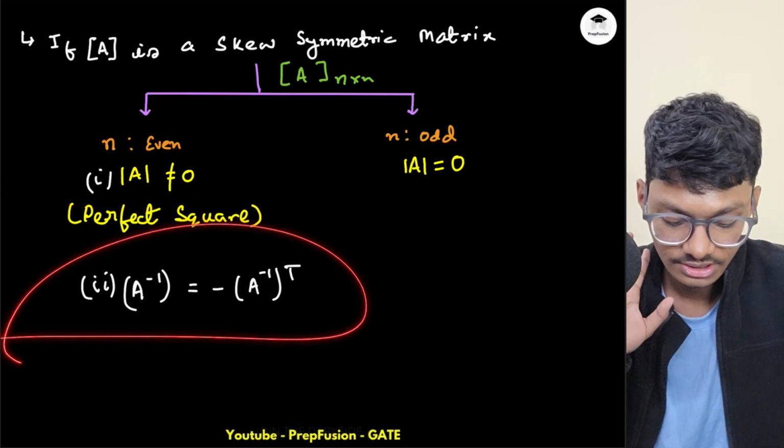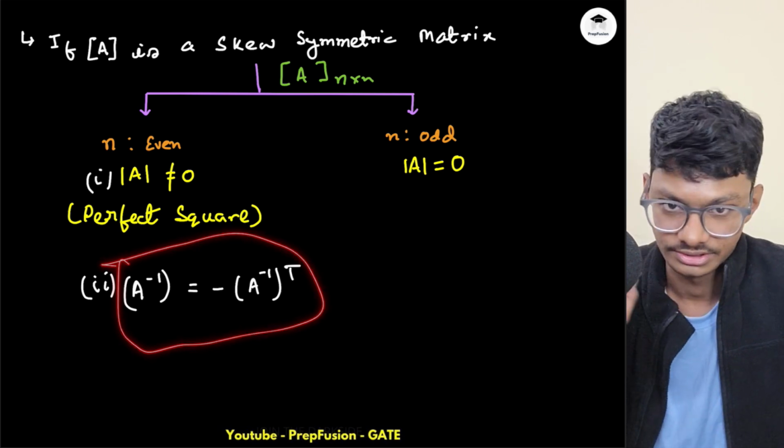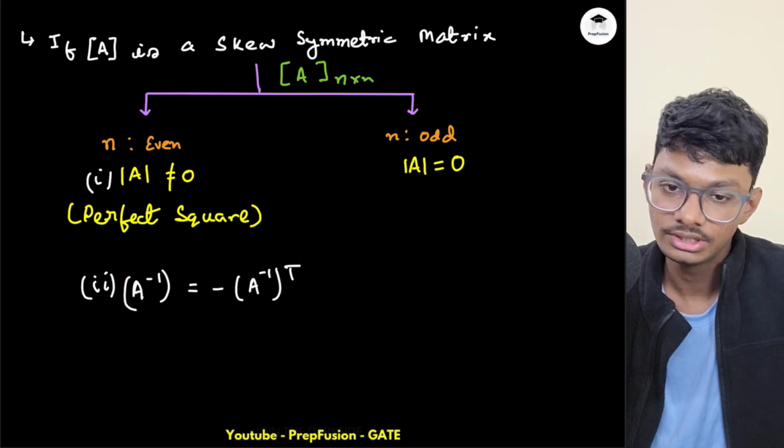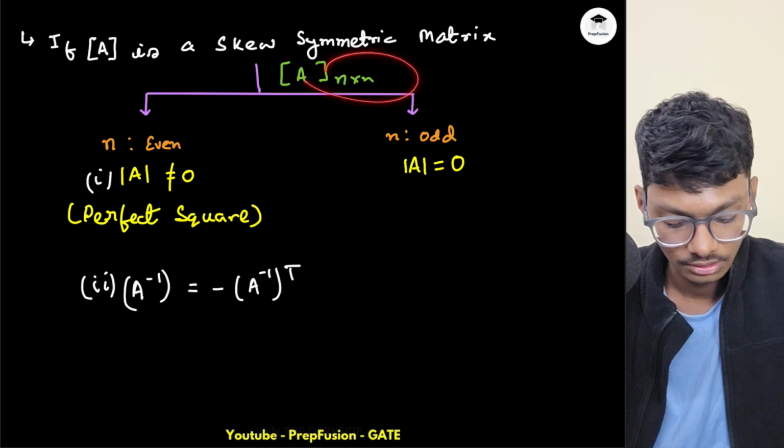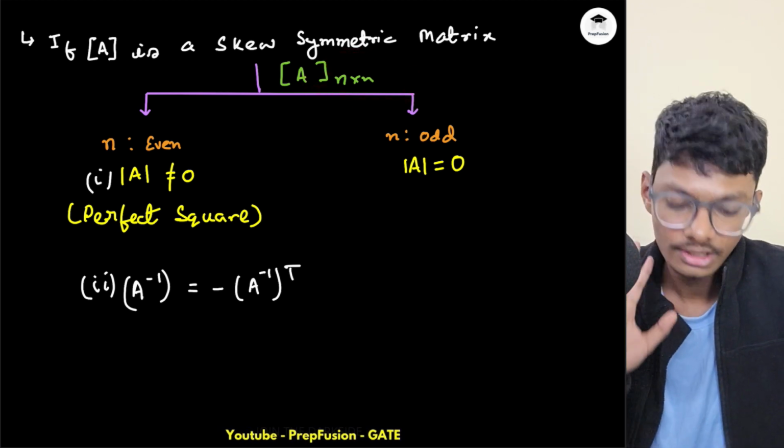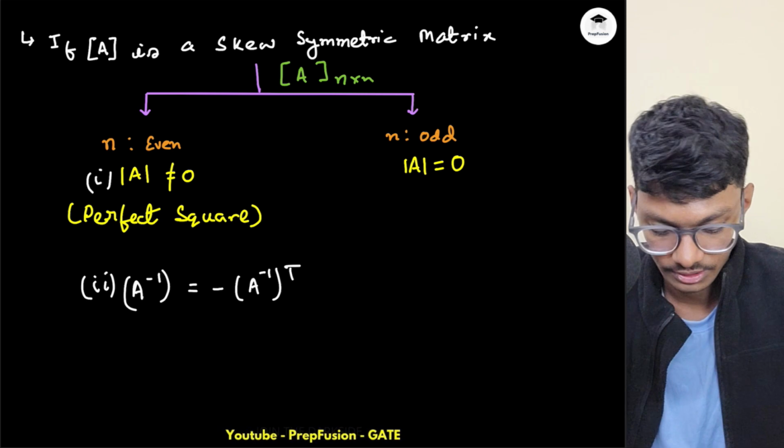So if the inverse exists, then it will follow skew symmetricity. Basically, for even order, the inverse will also be a skew symmetric matrix.